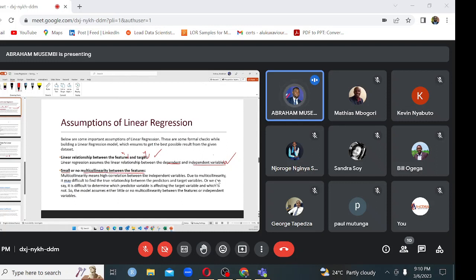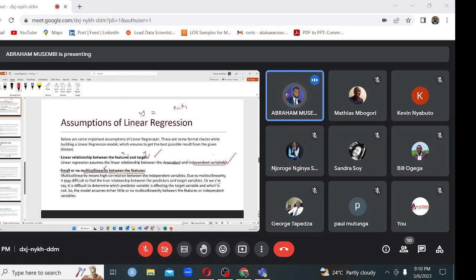This basically means we should not have any high correlation between what? The independent variables. Let's assume we have two independent variables which are used to predict one dependent variable.